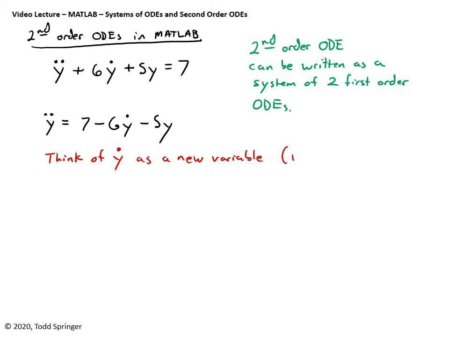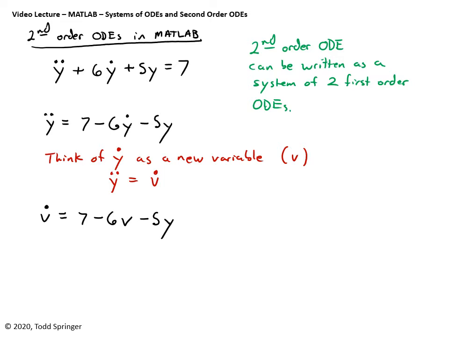Let me call it v for velocity. So then I would have y double dot is equal to v dot, right? Because y dot is v, so y double dot is v dot. So then my ODE looks like this. v dot is equal to 7 minus 6v minus 5y, right?